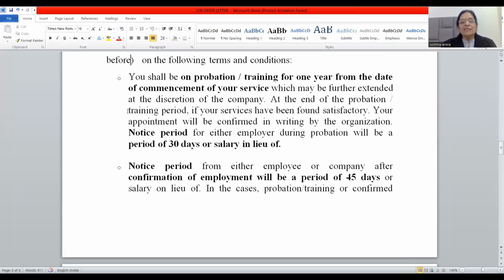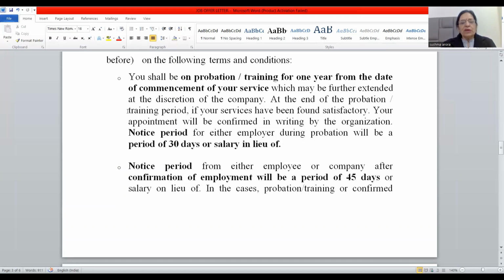And now the question arises, what is notice period? Notice period for either employer or employee during probation will be a period of 30 days or the salary in lieu of. Say an employee has joined the company and he wants to leave that company at a particular point of time because he has got a better job elsewhere. Then he has to give 30 days notice.